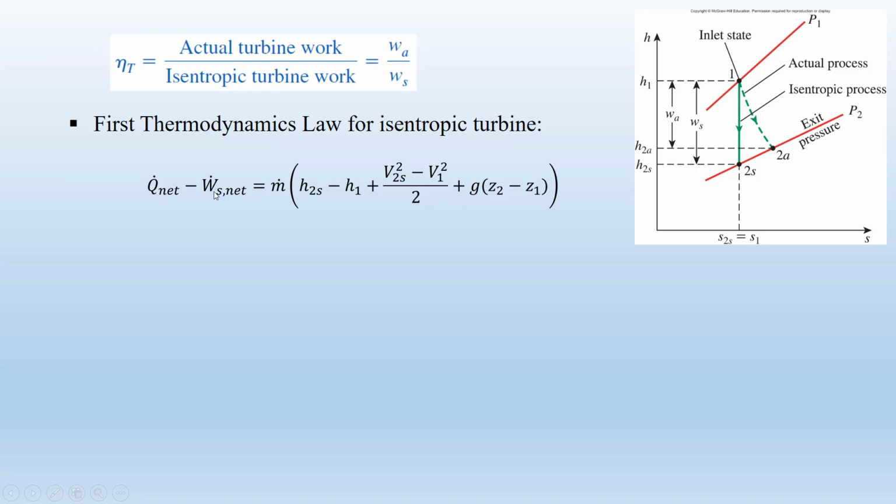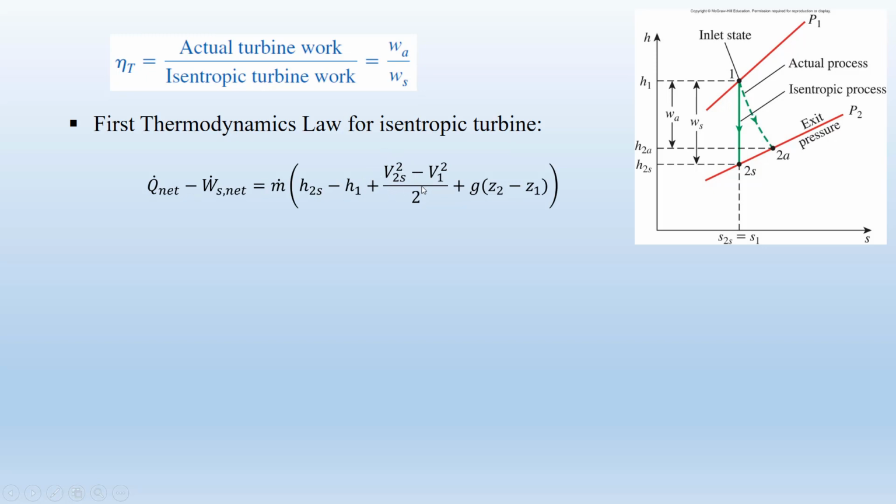Because I consider the W dot S, the isentropic W, and also the exit isentropic enthalpy and the exit velocity for the isentropic turbine. So again, W is the W dot S, enthalpy is the enthalpy for isentropic at the exit, and exit velocity is the velocity for the isentropic turbine.